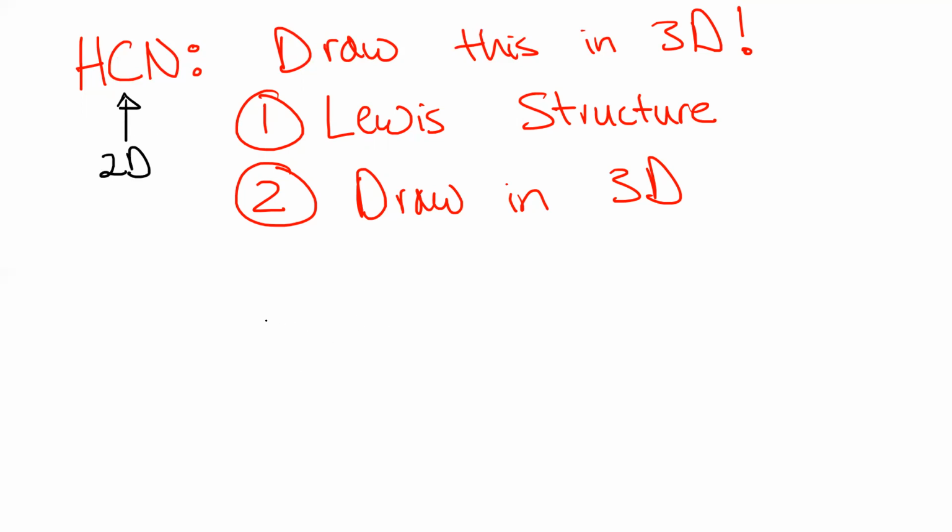So to begin with, HCN. There are a number of ways of doing a Lewis structure, but the first thing that people often do is ask how many valence electrons there are.